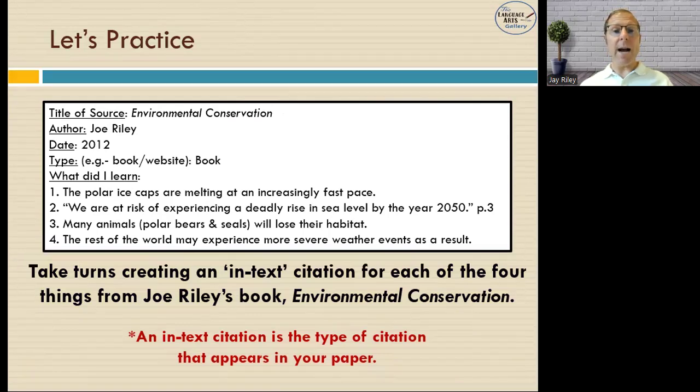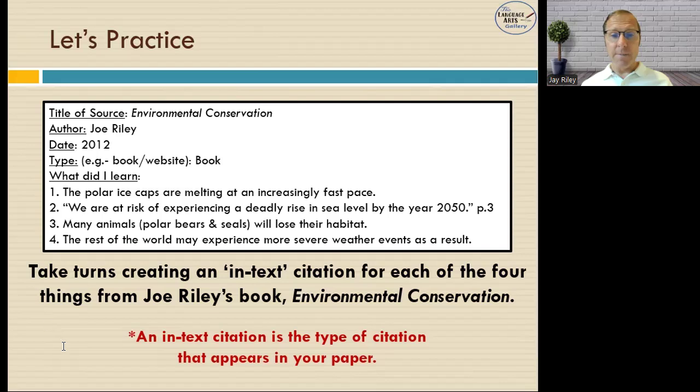So now let's get some practice with a different source. This is a book by Joe Riley, and it's called Environmental Conservation, and it was written in the year 2012. And I've got 4 important pieces of information here, including one direct quotation. So I want to create in-text citations for each of these 4 things. Now remember, our in-text citation is what's included in the body of the paper.